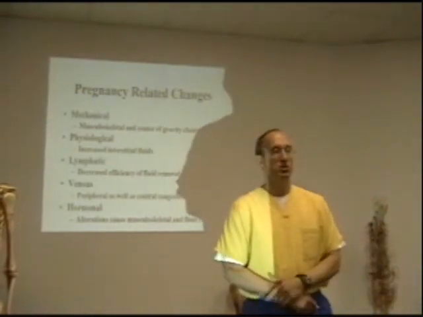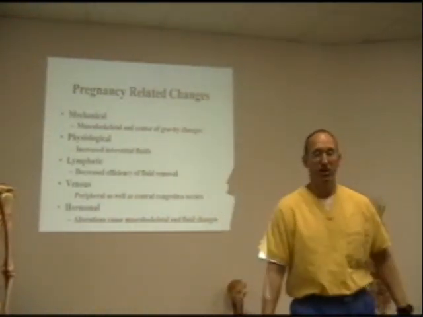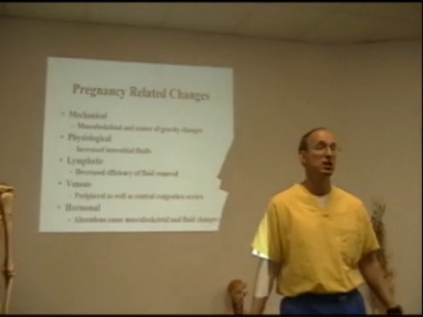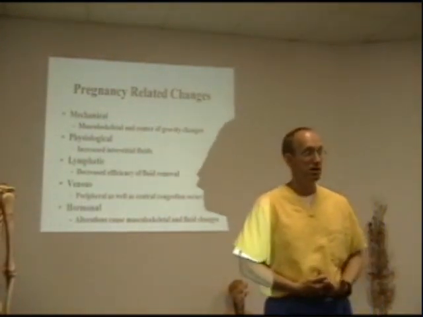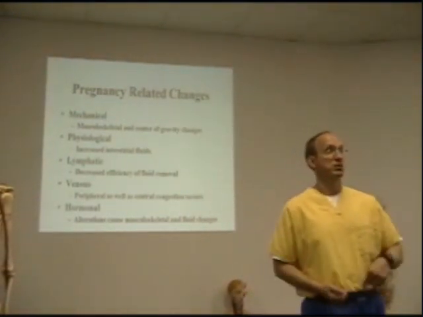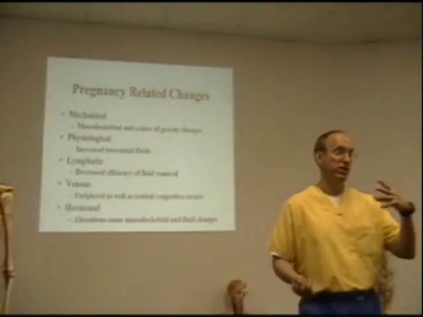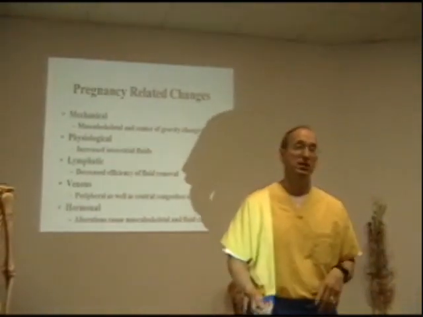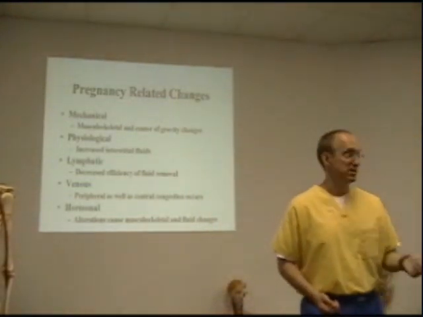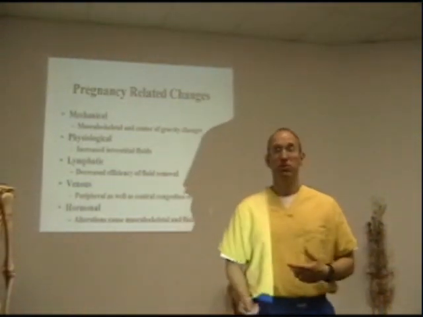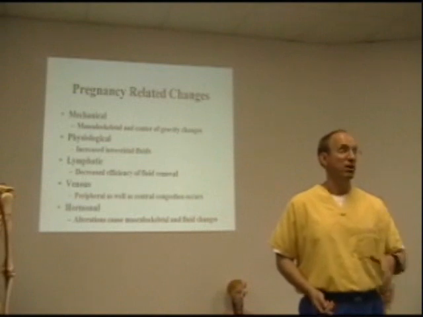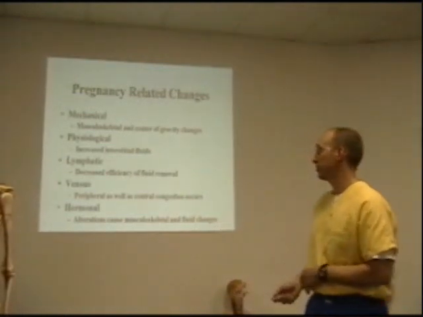When we talk about central congestion, we're not talking necessarily about the periphery and the muscles of the extremities, but also about the organs. Because of the curves in the spine changing, we talk about relative venous compression of the Batson's venous plexus within and around the spinal cord, right? So that becomes potentially an issue as pregnancy progresses.